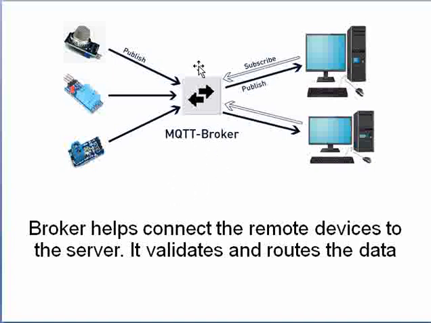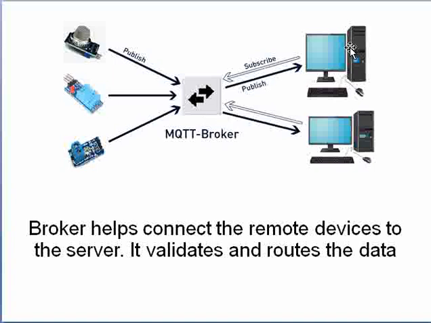So if we observe here, one important thing is the sensor need not bother about to whom it is sending the data. It is just going to publish the data to the MQTT broker, which has almost minimized the complexity.